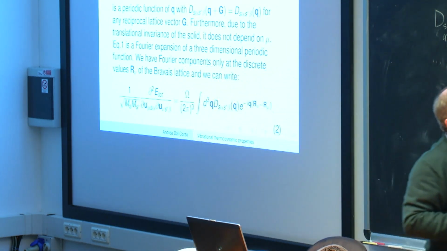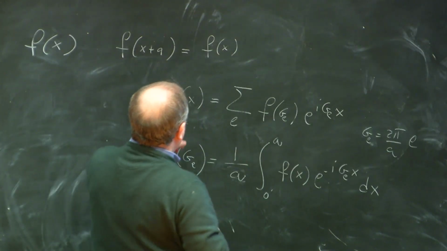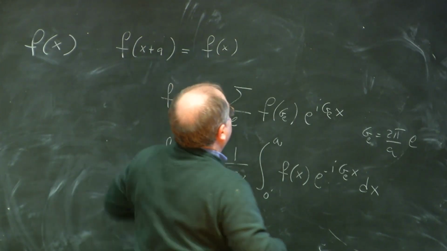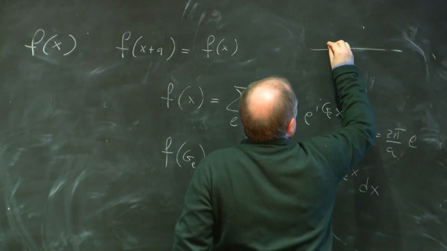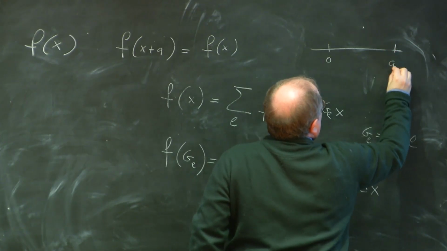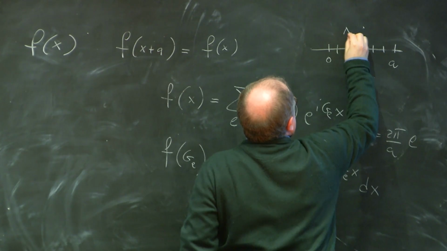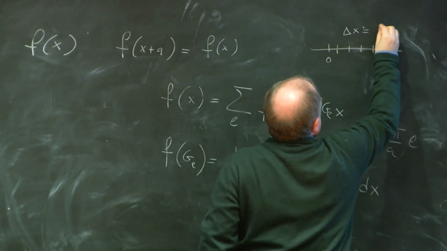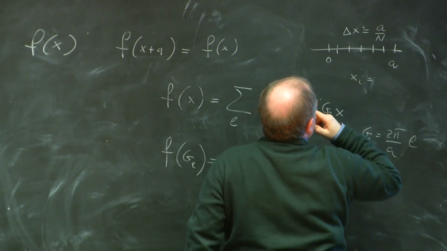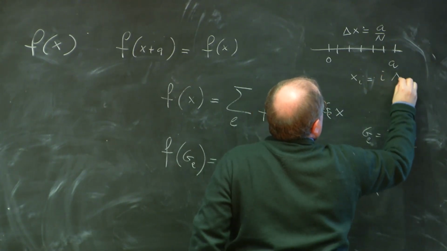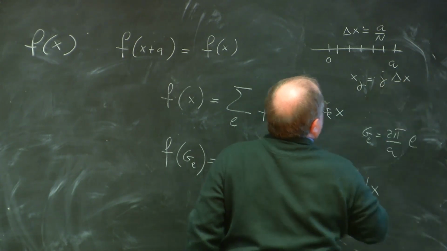So let's see in one dimension how this discretization works. Suppose that this function f of x is known from 0 to a on a mesh delta x equal to a divided by N, and x_j is equal to j delta x.